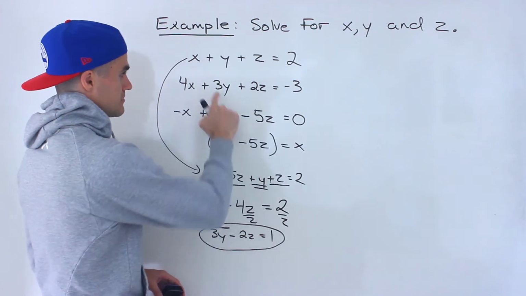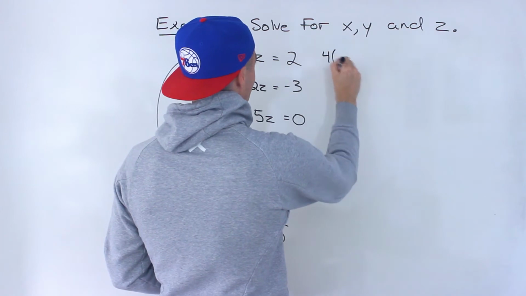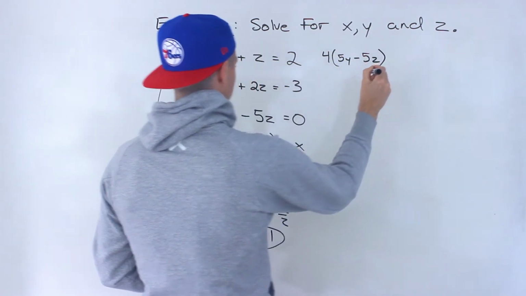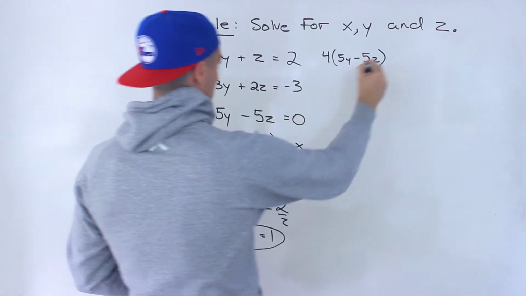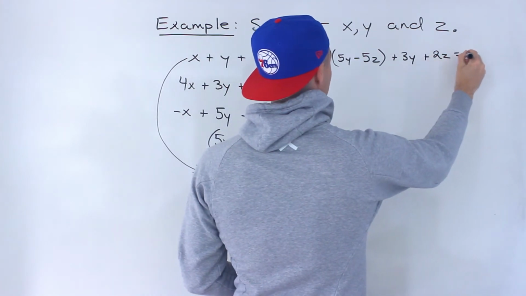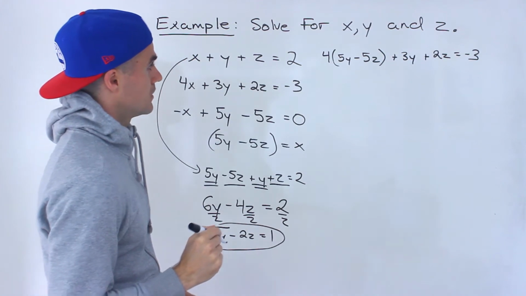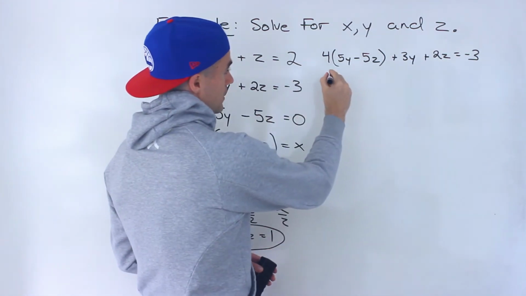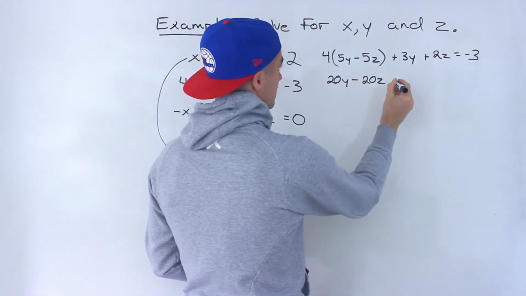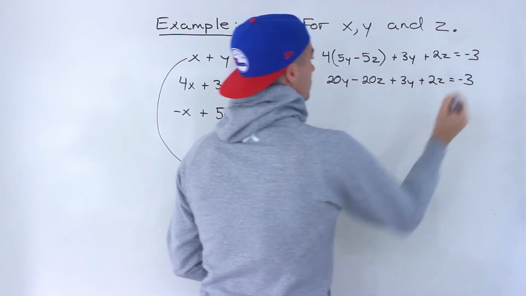Now if I take this and plug it into this second equation for this x, we'll have 4 bracket 5y minus 5z, plus 3y plus 2z is equal to negative 3. And so from here, expanding, we would have 20y minus 20z plus 3y plus 2z is equal to negative 3.